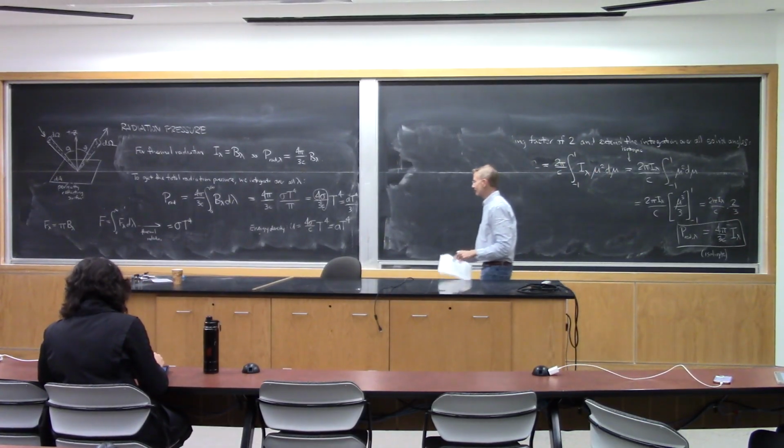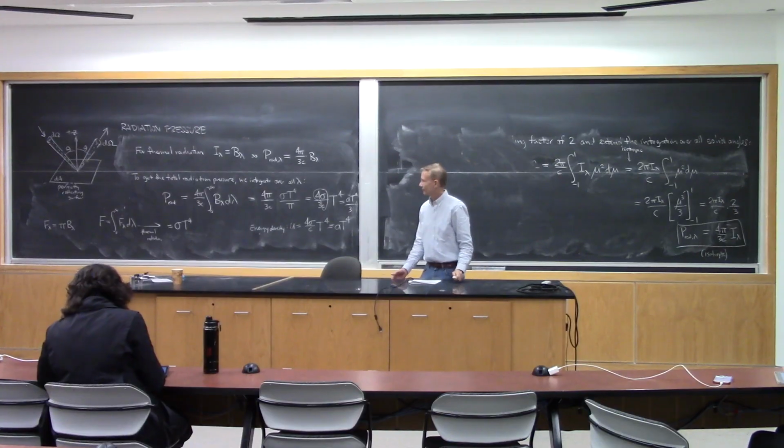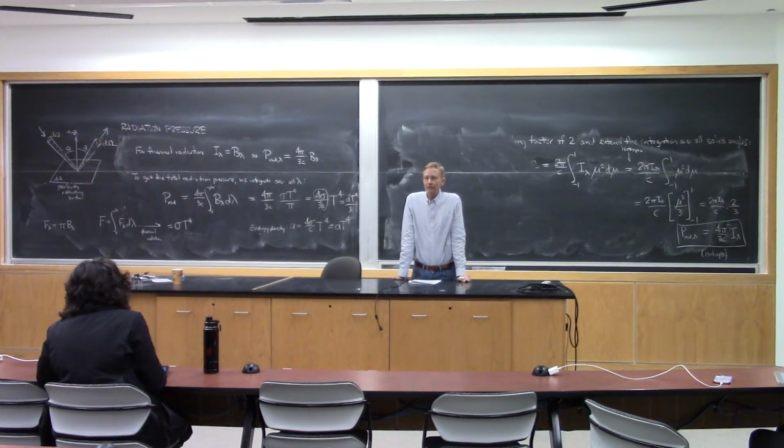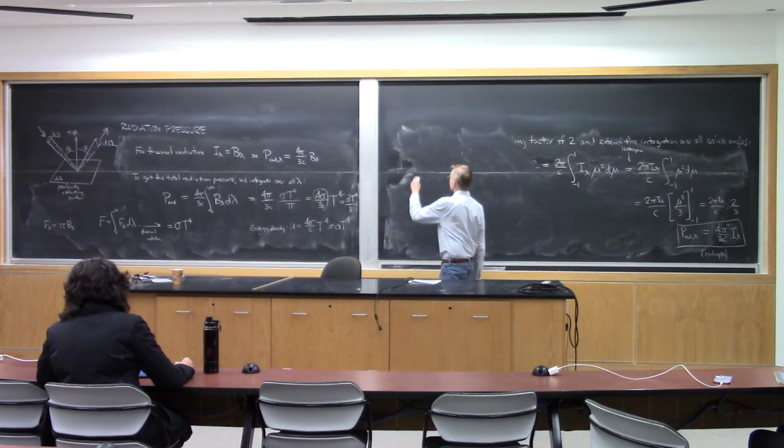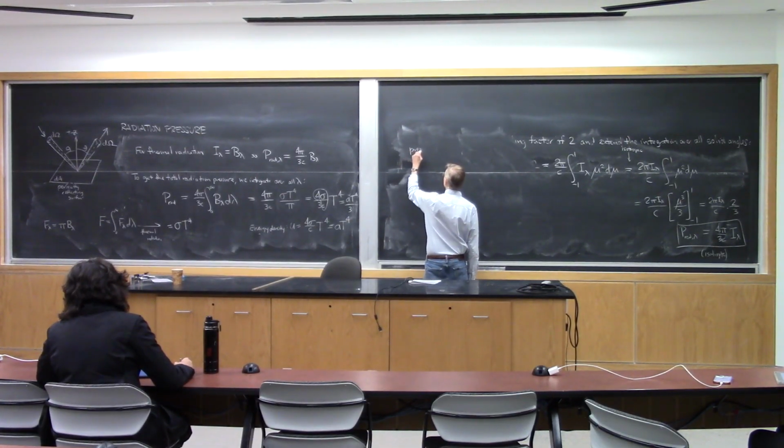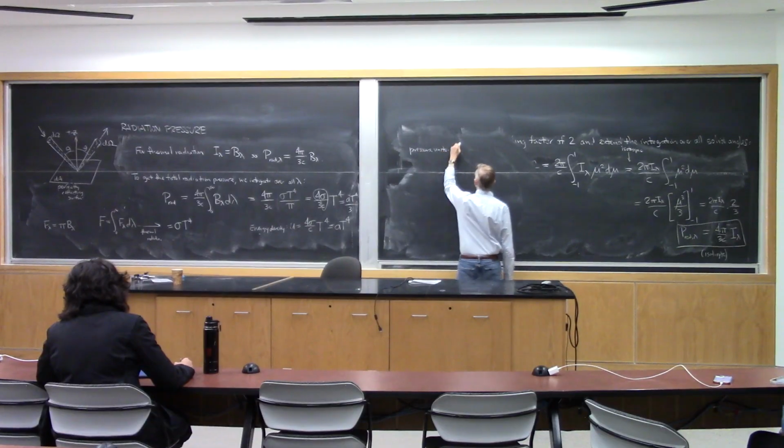So question, first of all, is that making sense? In other words, pressure and energy density, we're claiming they have the same units. Is that right? What are the units for pressure? Pressure units are newtons per square meter.